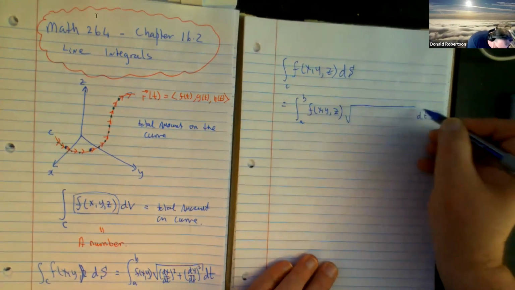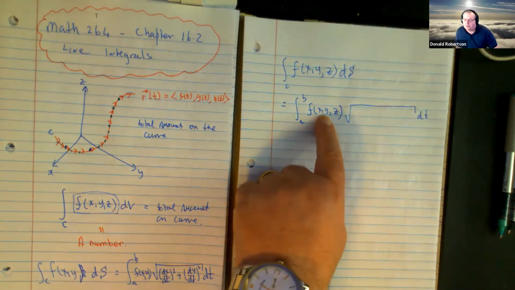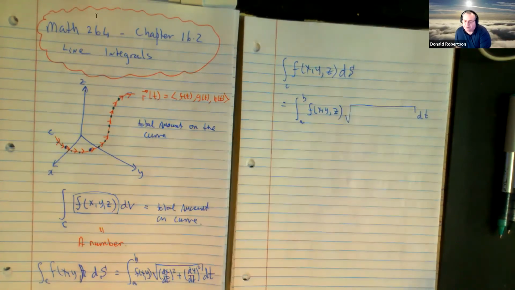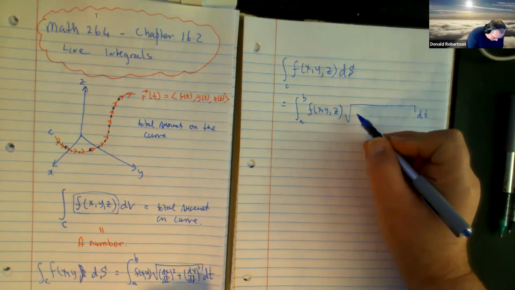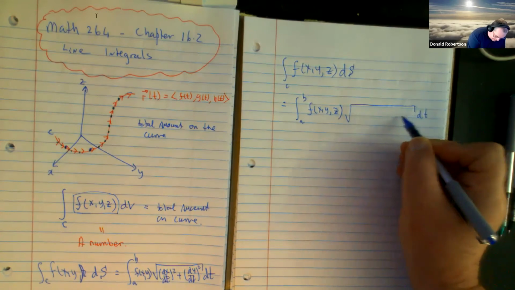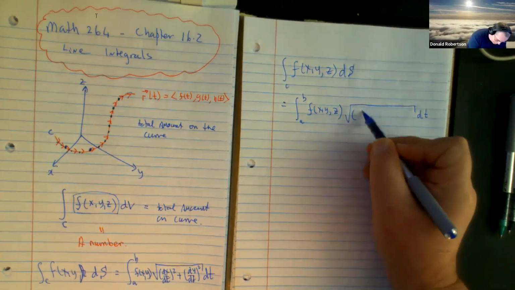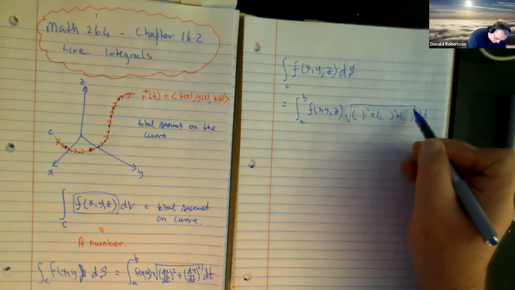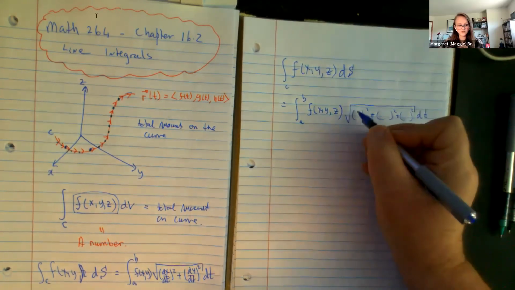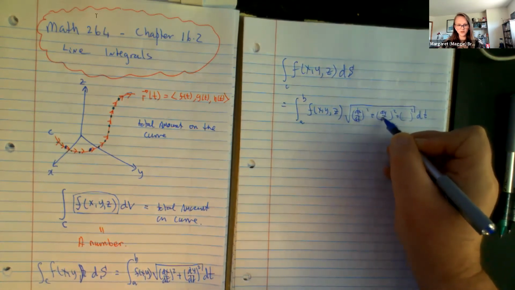What will you do to extend this piece of the formula now to take care of the fact that there's an x, y, and z? What will this formula look like now? Won't it be just the same, the dx by dt squared, dy by dt squared, and then a dz by dt squared?